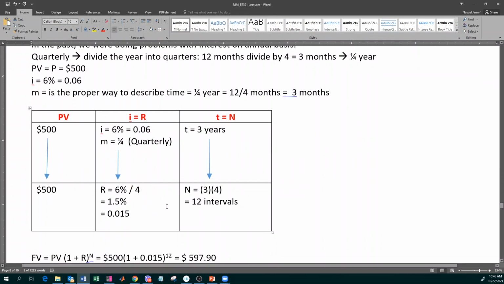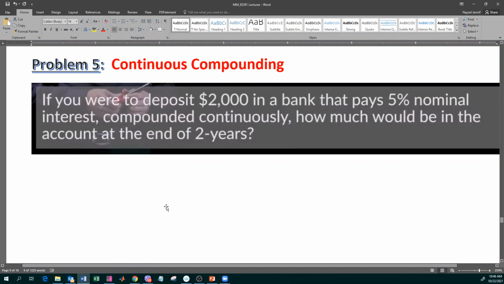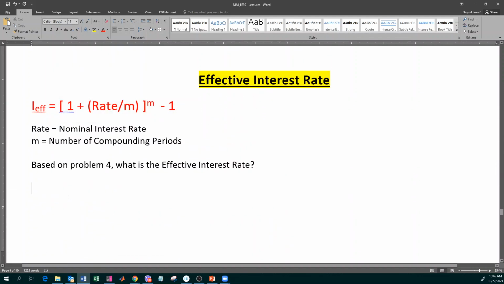Okay, so based on problem 4, what is the effective interest rate? Anyone? Has anyone been able to calculate the effective interest rate? Amit, can you check that? I don't think it's 0.01. That seems to be 1.4%. Yeah, Caleb, that's right. 6.1 something percent.